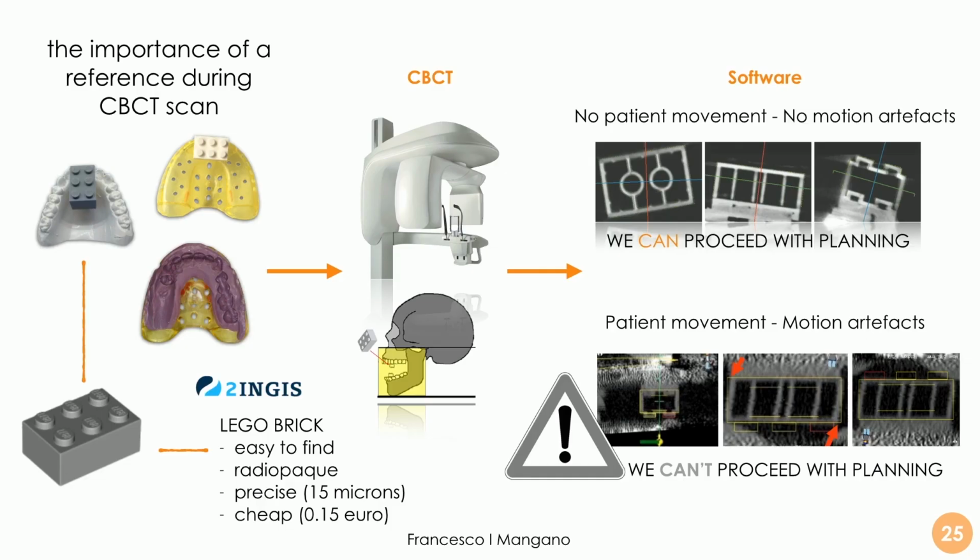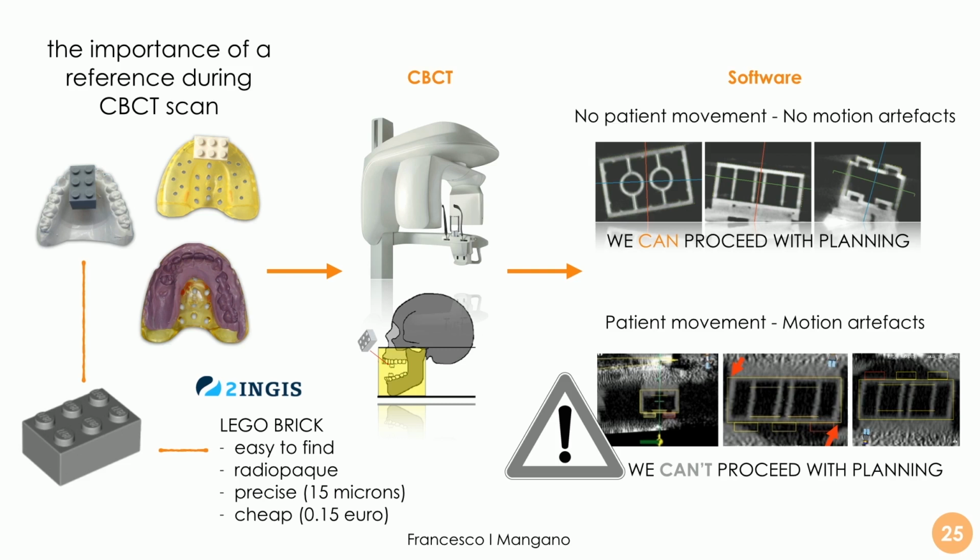There are some systems, for example this Twingis system, that use a reference, a Lego brick, which is very useful to control not only the superimposition between the different scans, the scan of the model and the scanning during the CBCT, but also to control if the patient has moved during the exam or not.